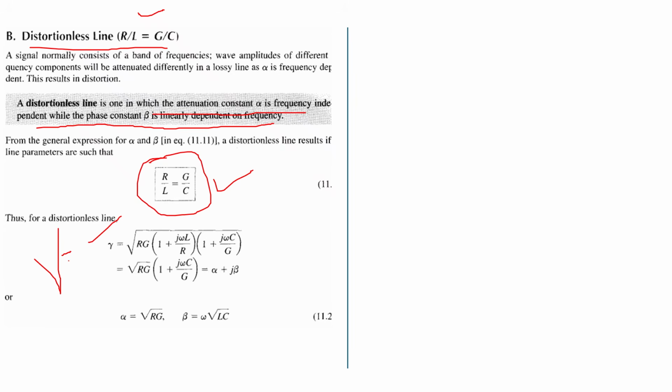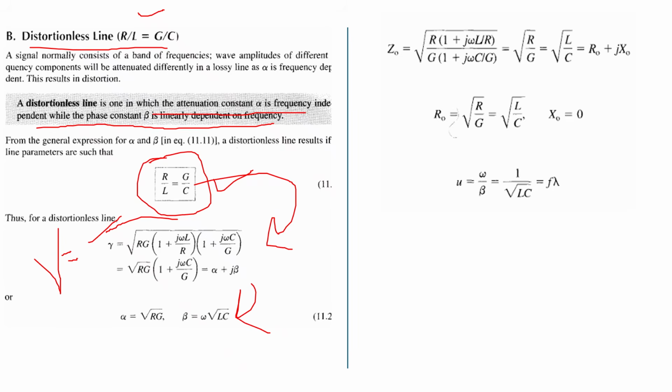Same equations. These are very important equations. So again, put this condition in that one only and you will get the values. So here alpha and beta, you can get the value, right? And also you can get the value of Z naught by putting the same into the Z naught expression, that is square root of (R plus j omega L) divided by (G plus j omega C).